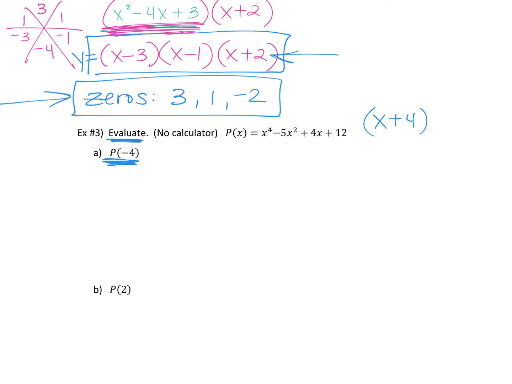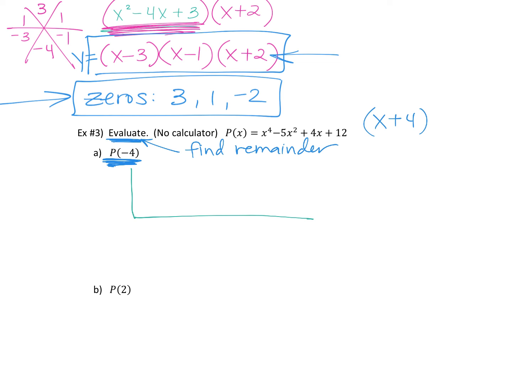So your remainder is actually your answer to this problem. So just keep in mind when they say evaluate and they give you a P of something, you are finding the remainder. Your answer is the remainder, okay? So P of -4, you are going to set this up just like we set all the rest of them up.